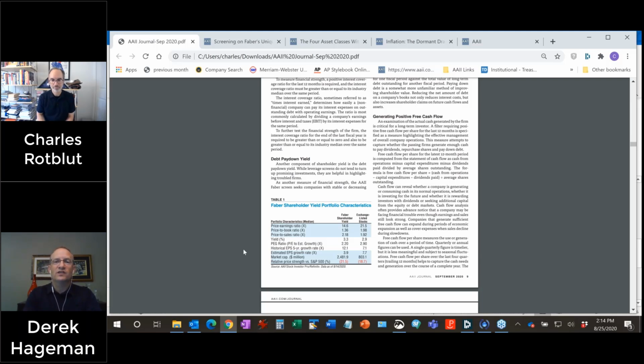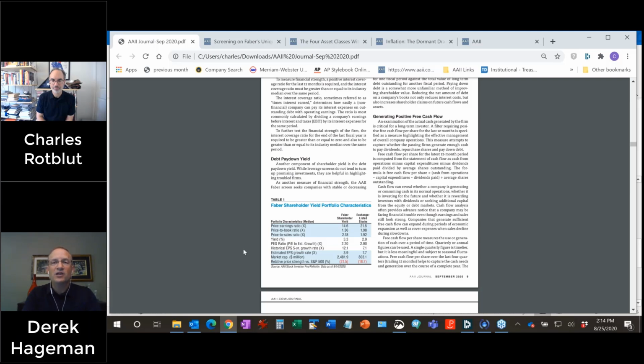And moving on, there's a section called generating positive free cash flow. We had a filter requiring positive free cash flow per share for the last 12 months. It's specified as a measure highlighting the effective management of overall company operations.